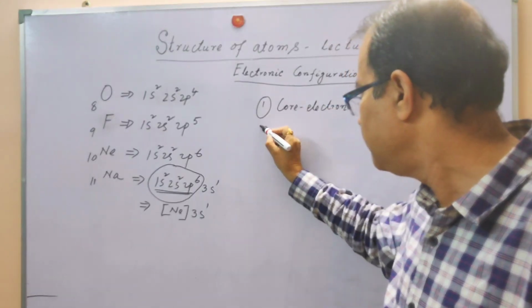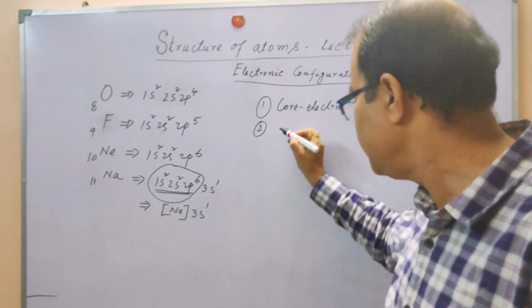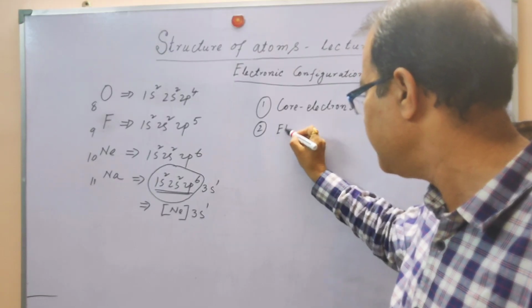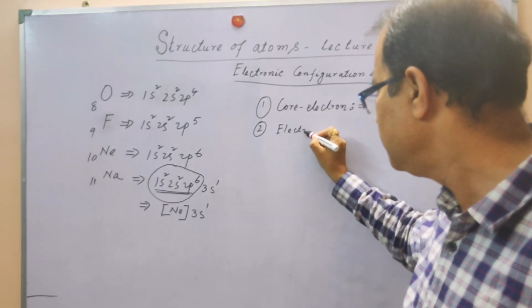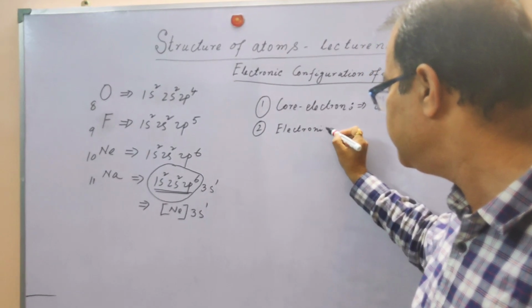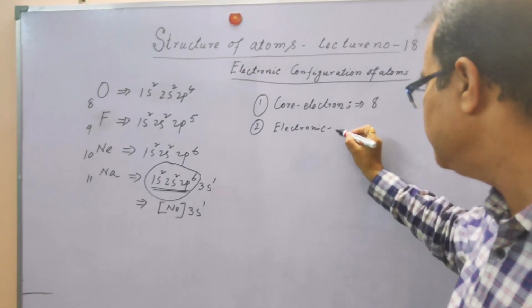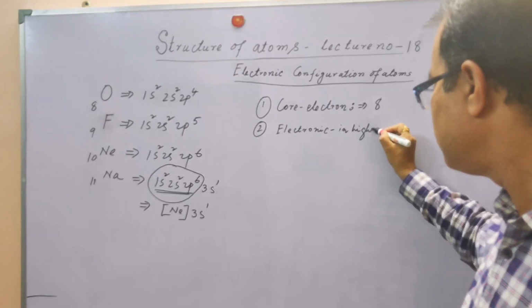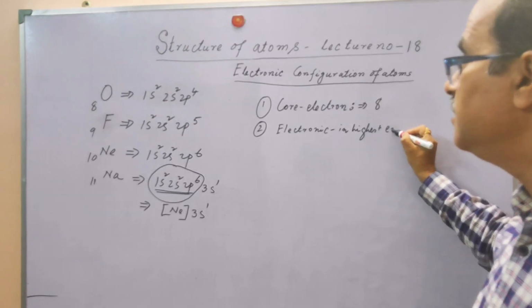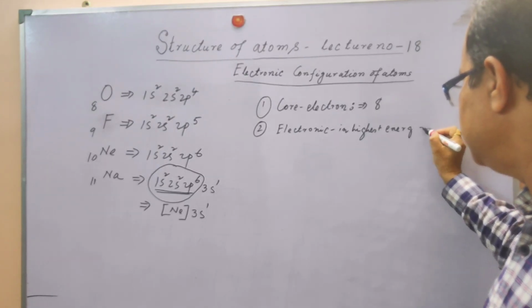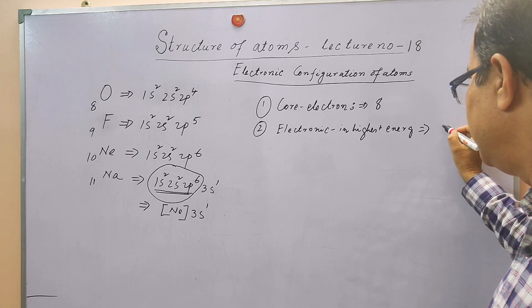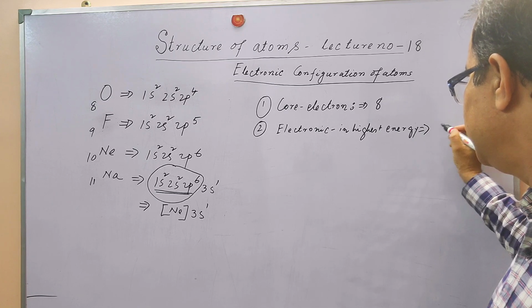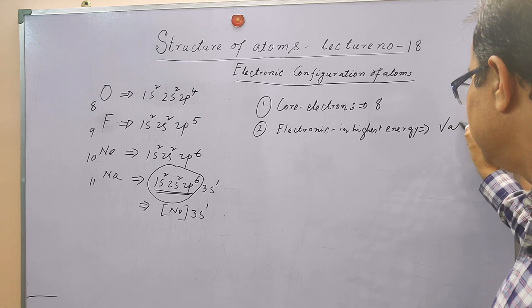The other one is the electron in the highest valence shell, the electron in the highest energy shell, and that is called the valence electron.